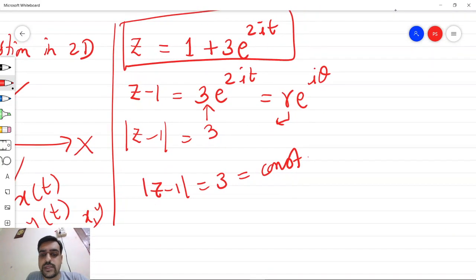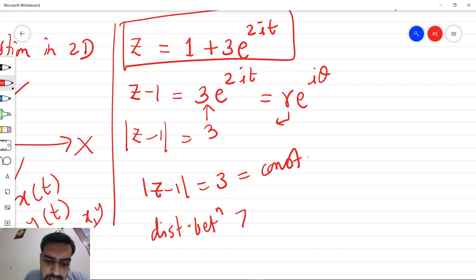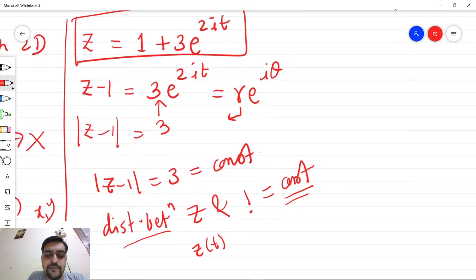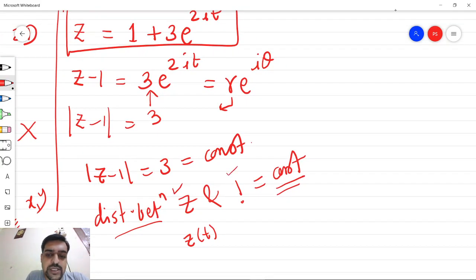Now we know that this z minus 1 is the distance between z and 1, and this distance is a constant. Though z is a function of t, the distance between z and point 1 is a constant. What does that mean? That the distance between these 2 points is fixed.